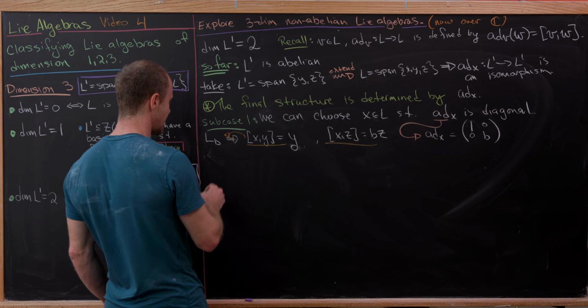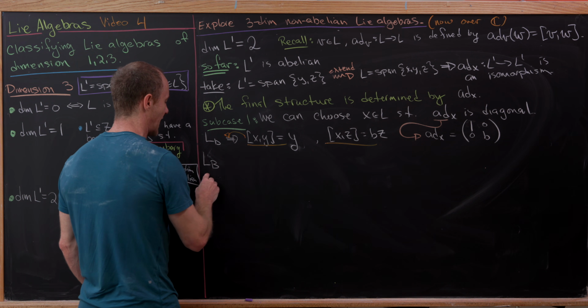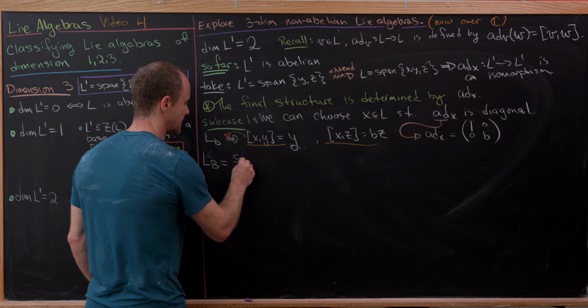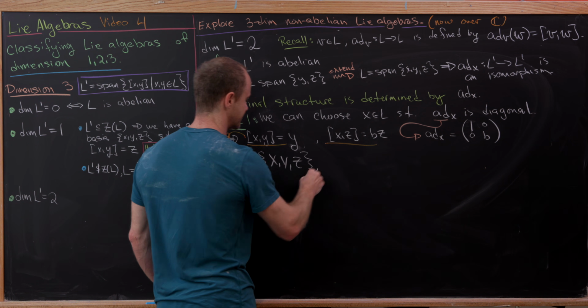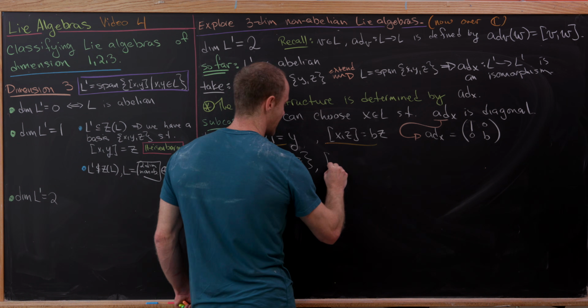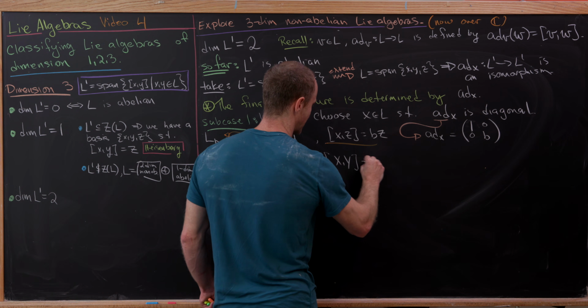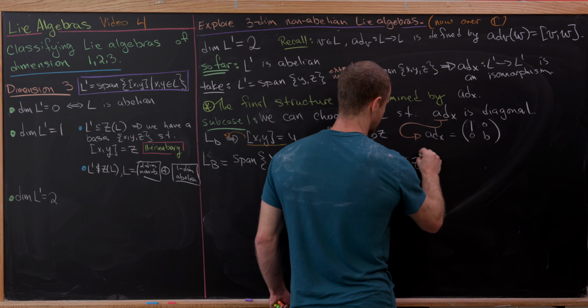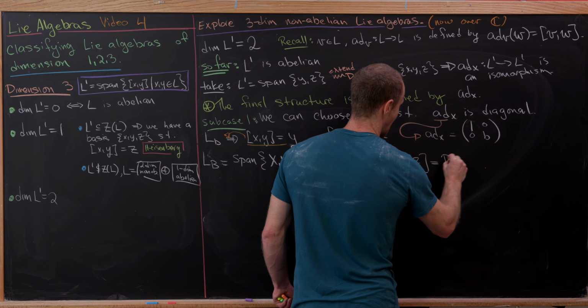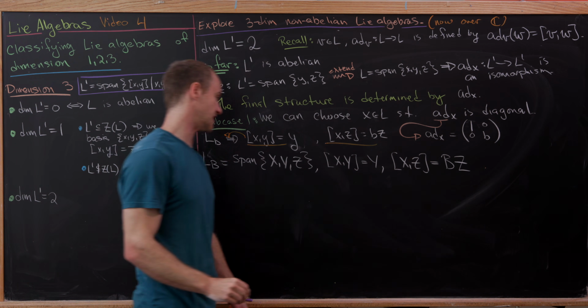And then let's take another Lie algebra, L sub uppercase B, to be the span of capital X, capital Y, and capital Z, so that the bracket of capital X with capital Y is equal to capital Y, and the bracket of X with capital Z is equal to capital B times capital Z.